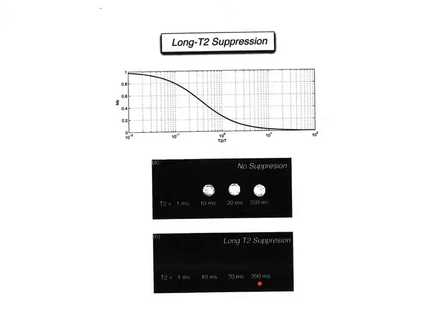I apologize for the poor image quality, but they show signals that are left over in different T2 pools: a short T2 with no suppression versus signals with longer T2s. The longer T2s stick around longer in this pulse sequence, but the short T2 decays really quickly. Whereas if we use a long T2 suppression, then we knock out all the longer T2s and we see nothing.